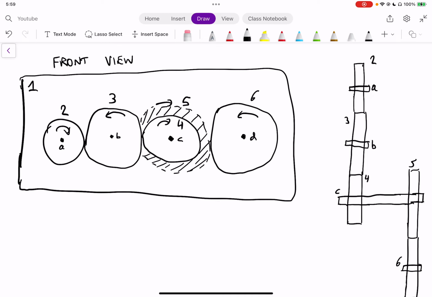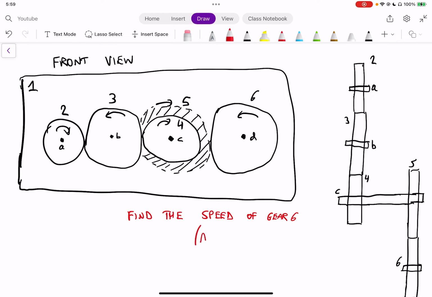And what we might be asked in this type of problem is, for example, we would be given some information and we could be told to find the speed of gear 6. Okay, so we're supposed to find the speed of gear 6. Now, speed doesn't mean miles per hour.